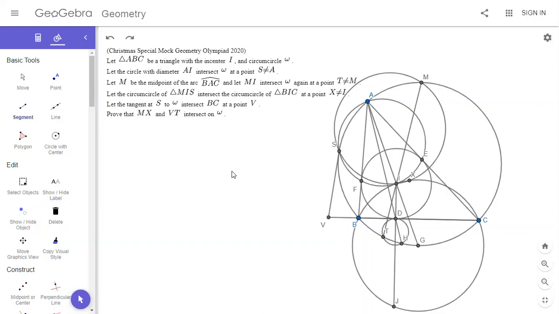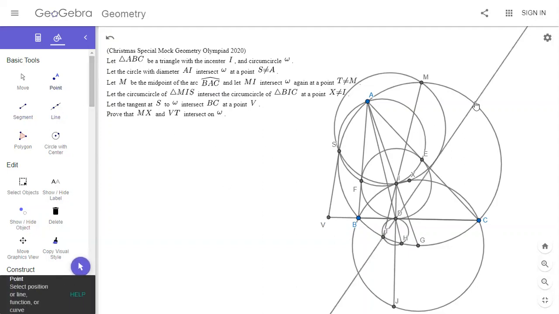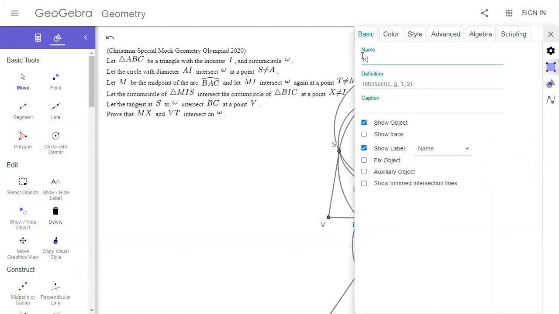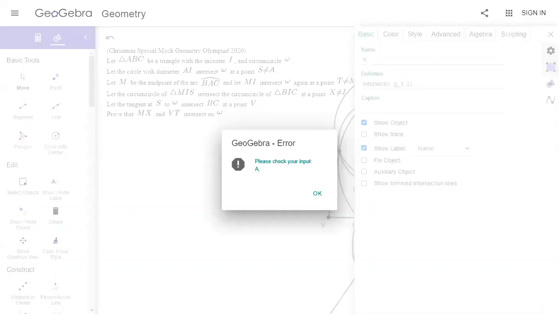Yeah, we can extend that line TD to intersect the circumcircle of triangle ABC at a point A prime. We can extend TD to meet that circle, yeah, is what you're saying. Then we can prove that A prime is parallel to the line BC.